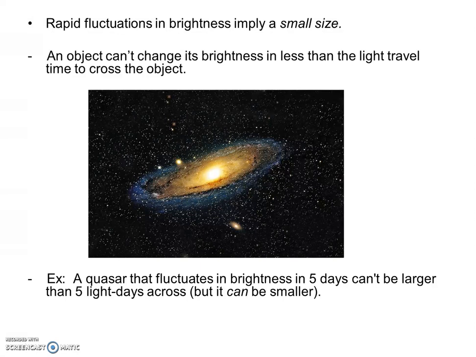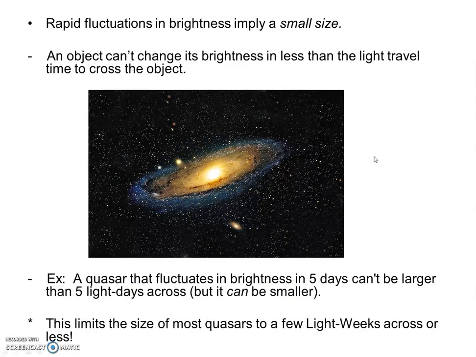It can be smaller, okay, but that puts a limit on the size. It can't be any larger than the light travel time it takes for the variation in light. So this limits the size of most quasars to a few light weeks across or less, and some smaller than a few light days.